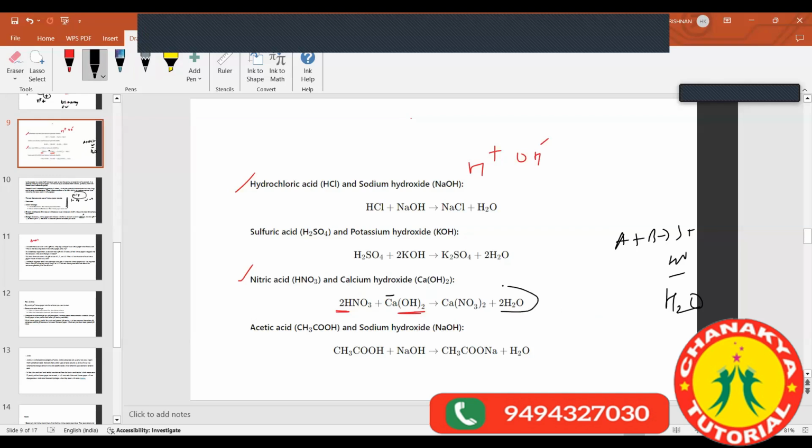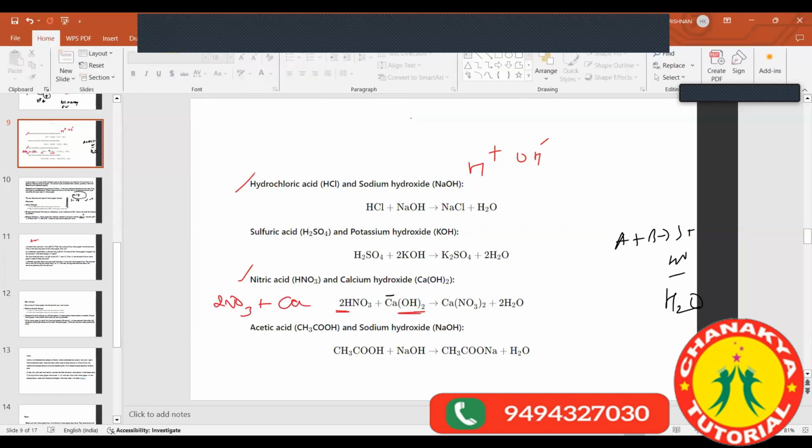If the water is clear, then whatever is remaining, you can write it. So what is remaining? We will write that also. 2NO3 is remaining here, and here we have only Ca, right?